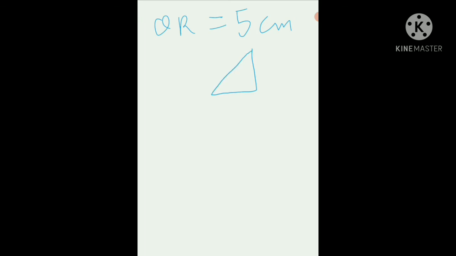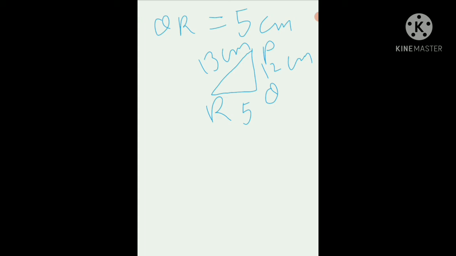Now again for better understanding I'm going to draw this figure P, Q and R. In the question it is already given that the hypotenuse is 13 and the perpendicular is 12, and just now we got QR as 5 centimeter. So we have got all three values: hypotenuse, base and perpendicular.